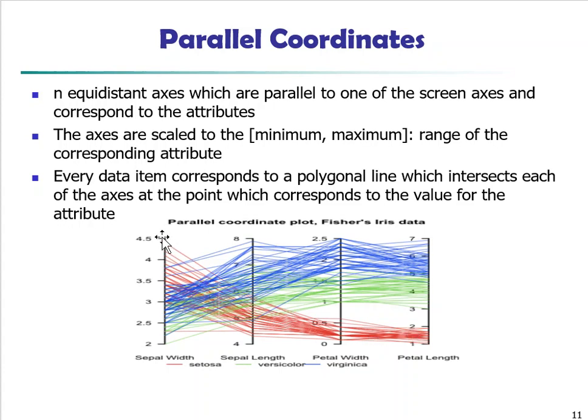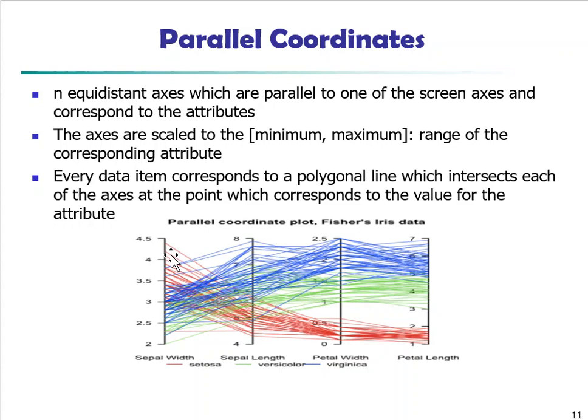So this is the iris dataset. Sepal width, sepal length, petal width, and petal length are the 4 dimensions. And for each observation, we plot a line that shows its sepal width, sepal length, petal width, and petal length.